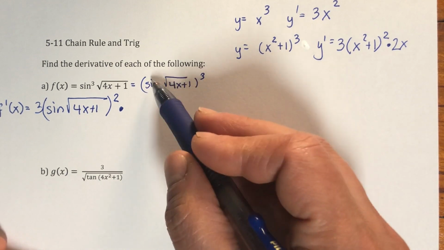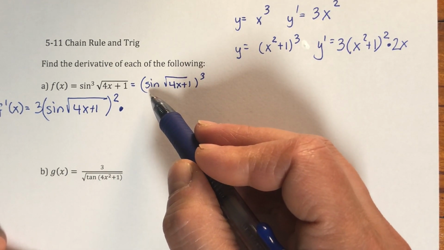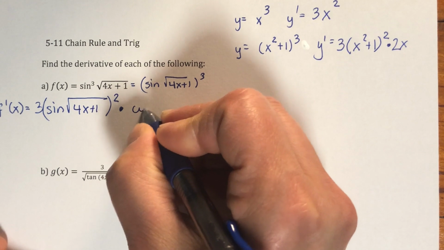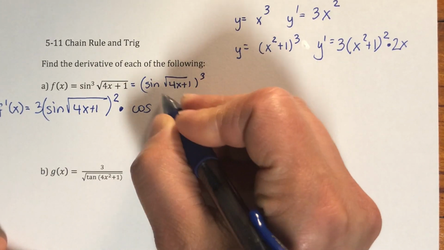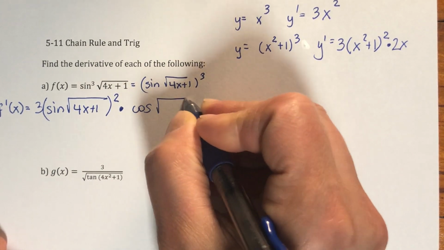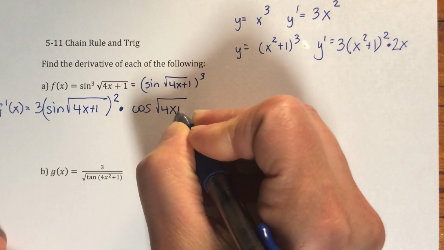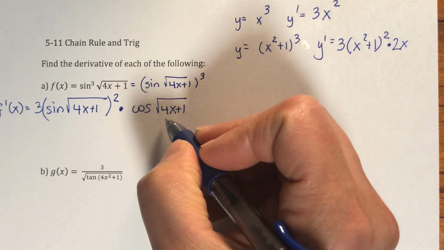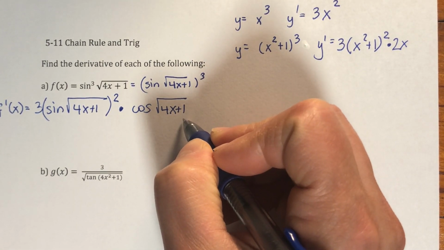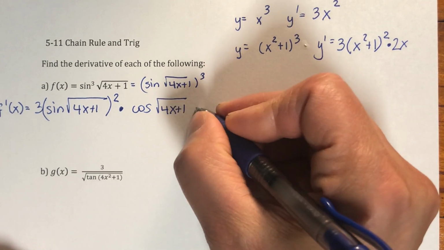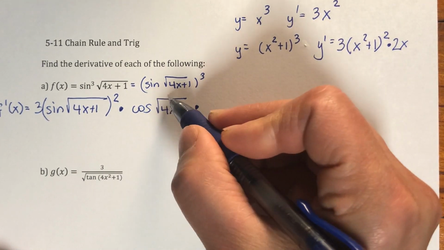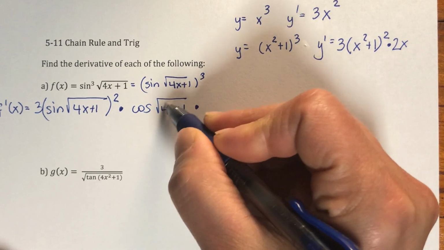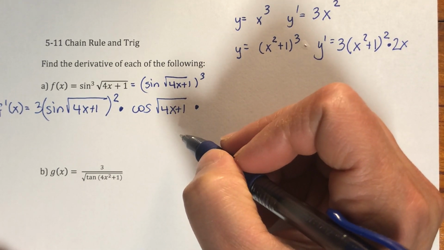To find the derivative of this, we know that derivative of sine is cosine. Whenever it's not just a cosine of x, you will continue writing whatever we have there. So in our case, it's 4x plus 1.